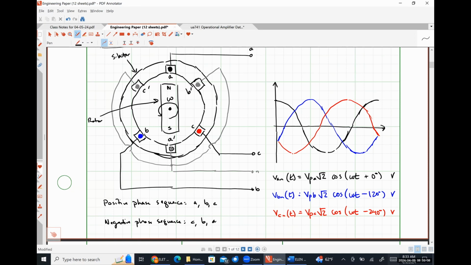So that is a fixed thing, okay? If we know the A phase, we can immediately know what's going on in the B phase simply by subtracting 120 degrees from the phase angle. We can know what's going on in the C phase by subtracting 240 degrees from the phase angle. So we only ever actually have to care about what's going on with the A phase as far as the phase angle is concerned. Now let's talk about these VPA, VPB, and VPC quantities, okay?